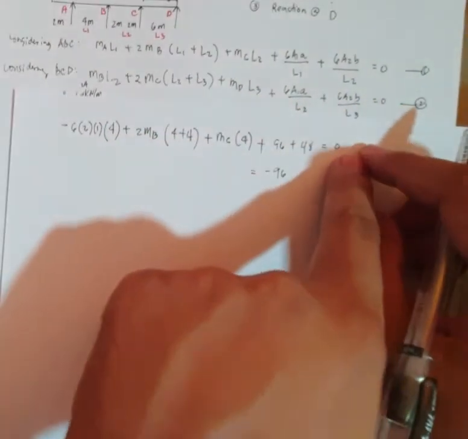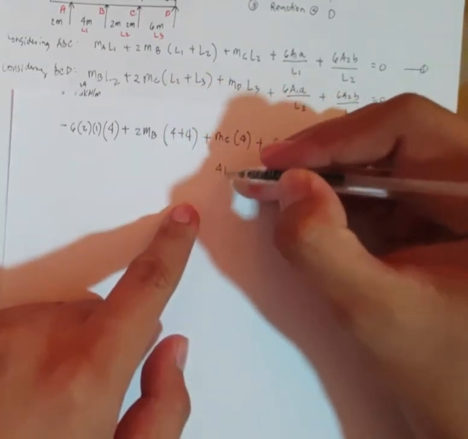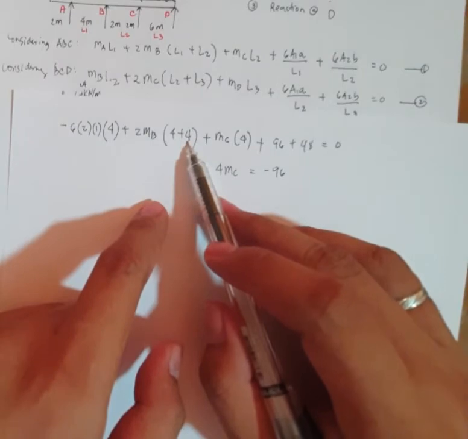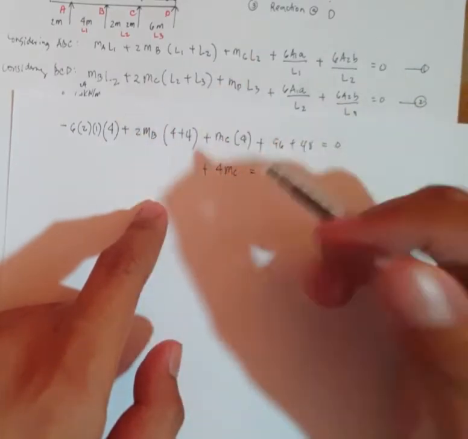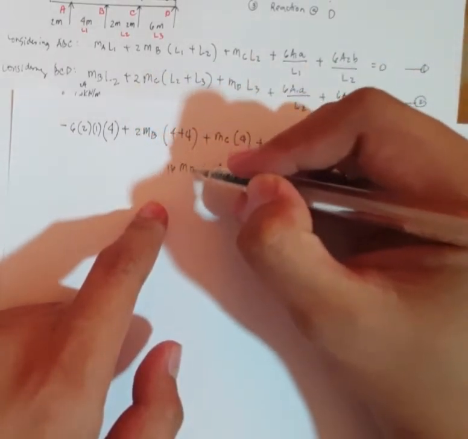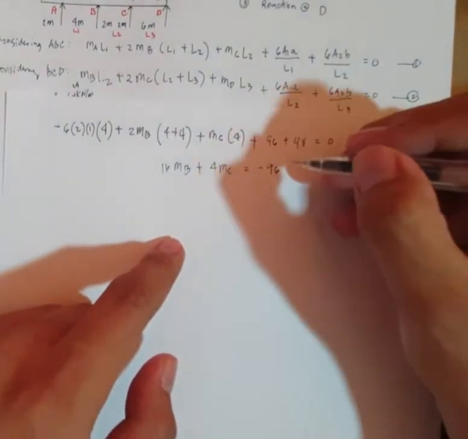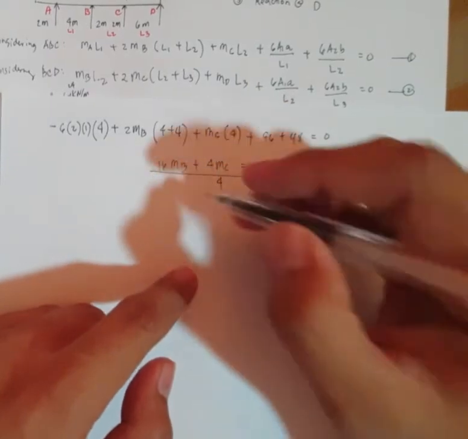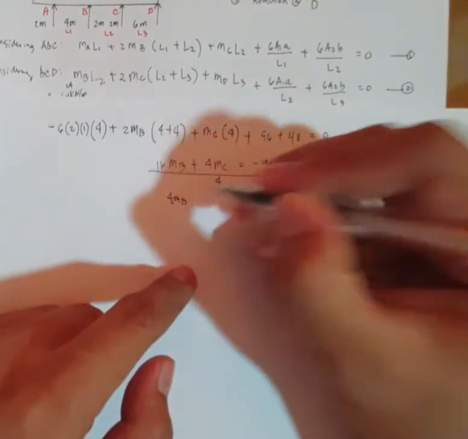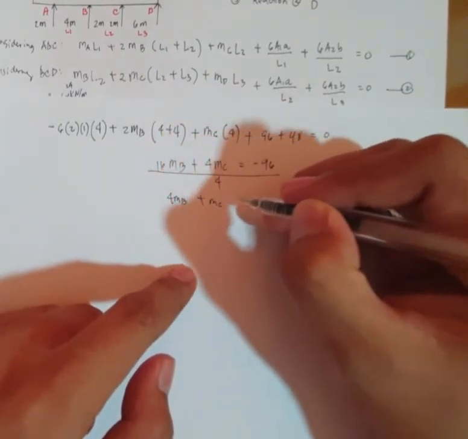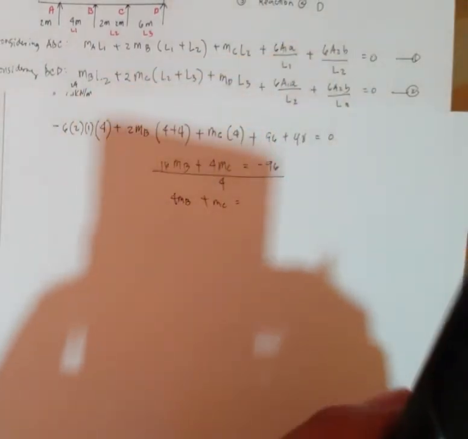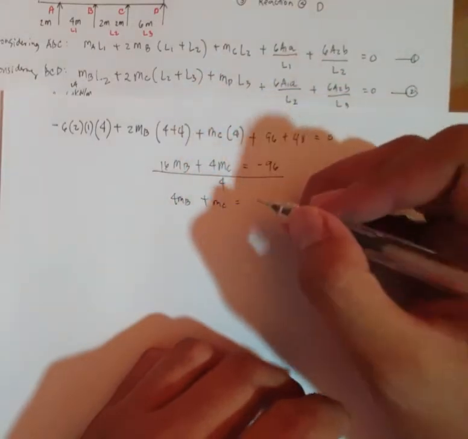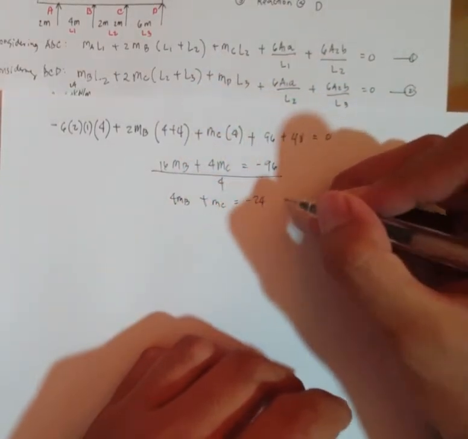Gawas na to sila dere. 4 MC plus 4 plus 4 8 times 2 16. So 16 MB. Simplifying, divide by 4 ang tanan, so that is 4 MB plus MC equal to 96 divided by 4 negative 24. That is equation 1.